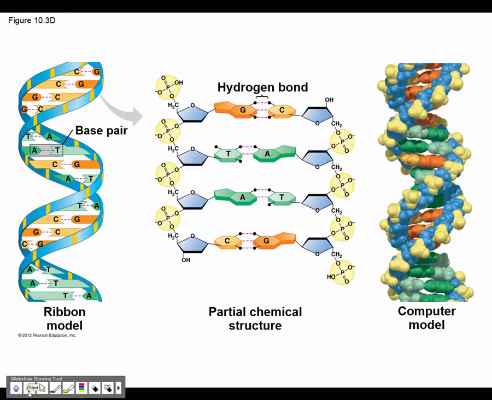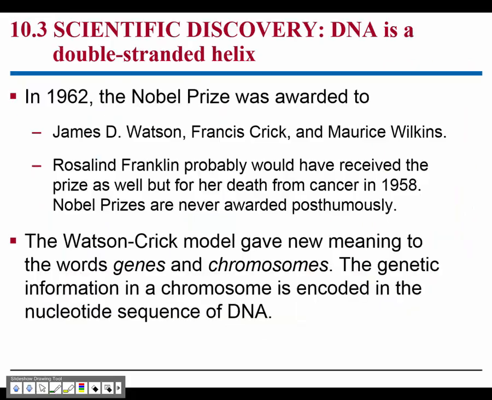So on the left you have the ribbon model, which shows the base pairs and it's twisting around, and then you have your partial chemical structure, and you see between the C and G's there's 3 hydrogen bonds, and A and T's there's 2 hydrogen bonds. And then on the right, your computer model that shows the space filling model.